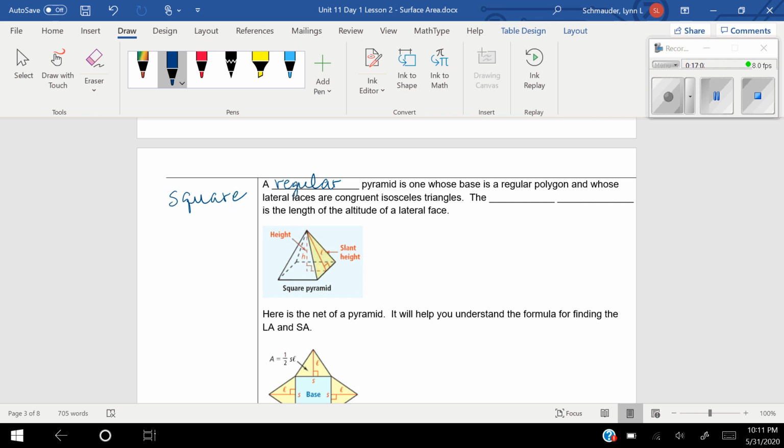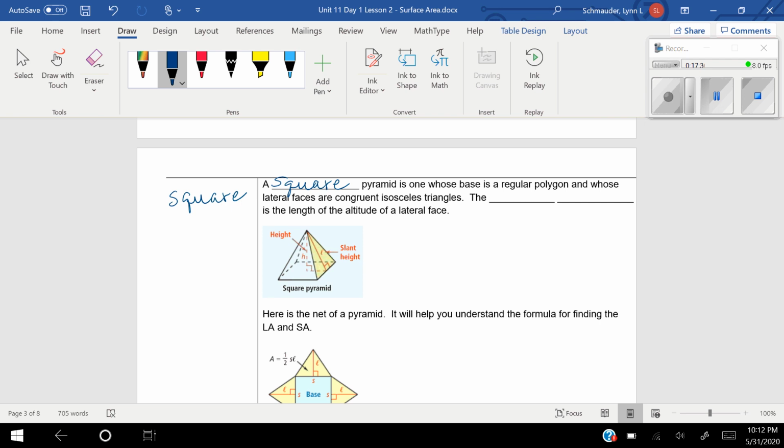You could have a hexagonal prism, a pentagonal prism. And so the same goes here for pyramids. Whatever type of base it has, that's what you're going to call it. And I do believe this should be square and not regular. So let me put that there.